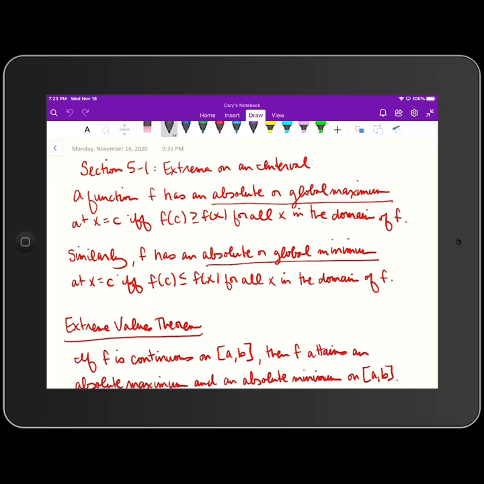Similarly, f has an absolute or global minimum at x is equal to c if and only if f of c is less than or equal to f of x for all x in the domain of f.